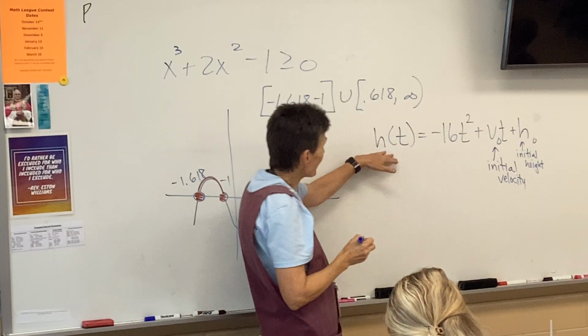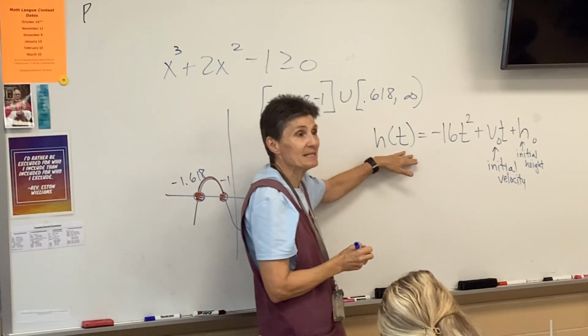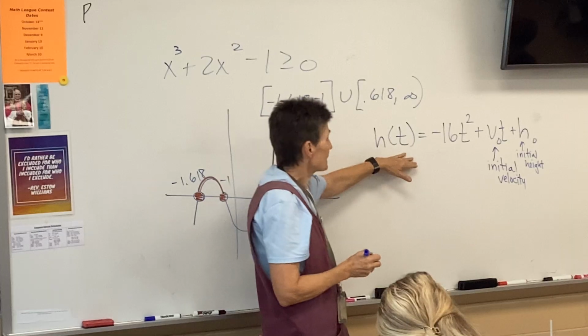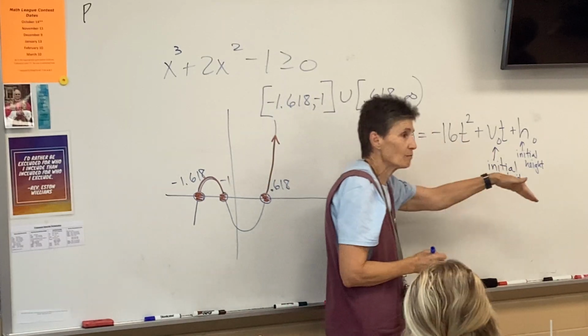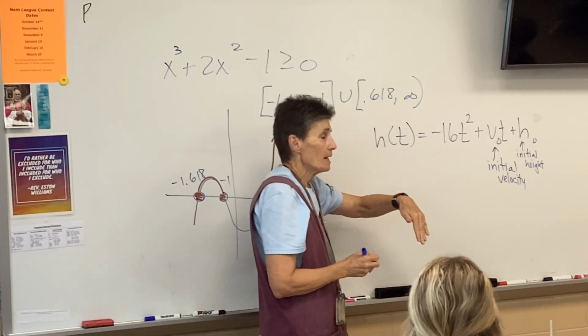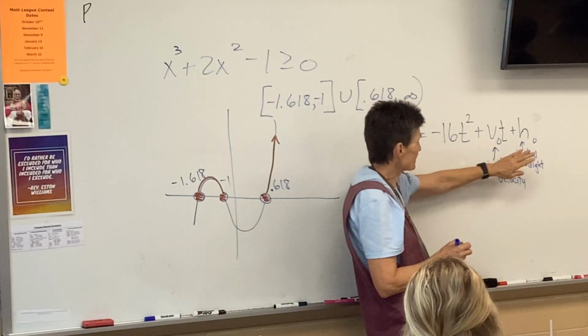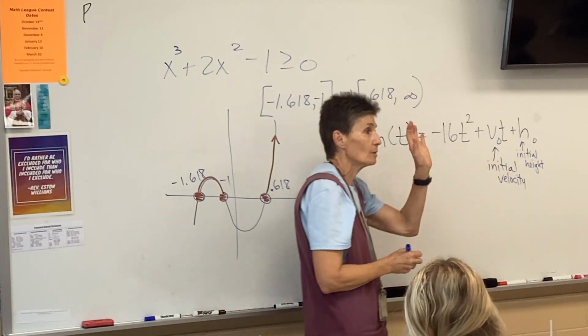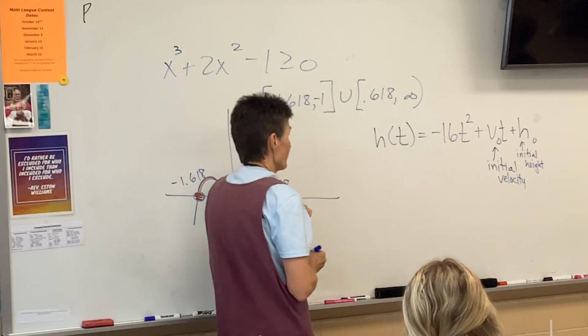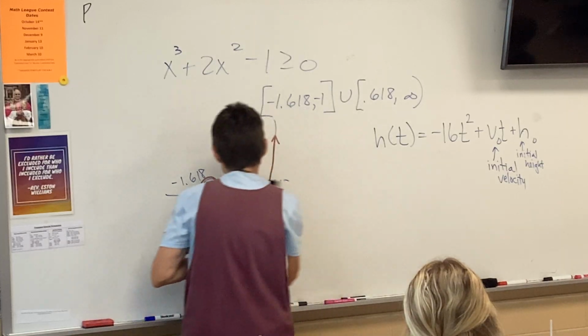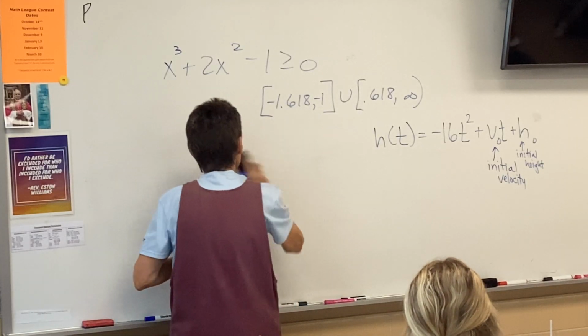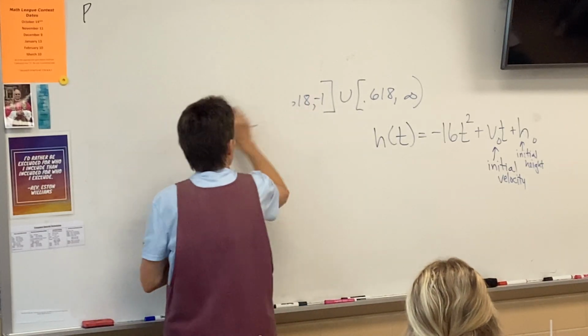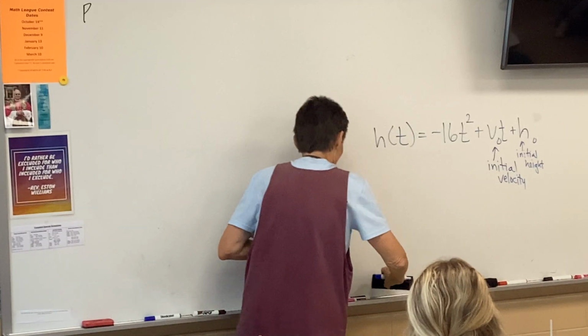So the height of an object at time t can be calculated by this formula, given the initial velocity and the initial height. Those are numbers we're going to plug into our formula. So let's build the formula for this particular problem.